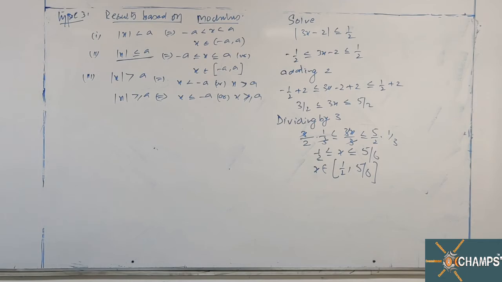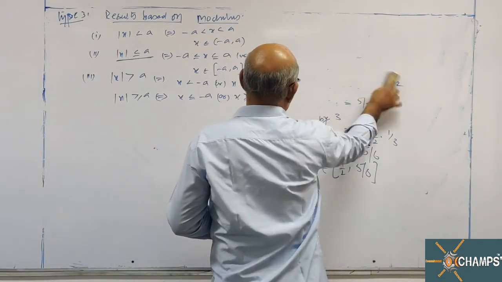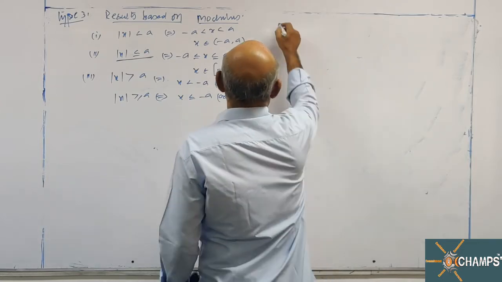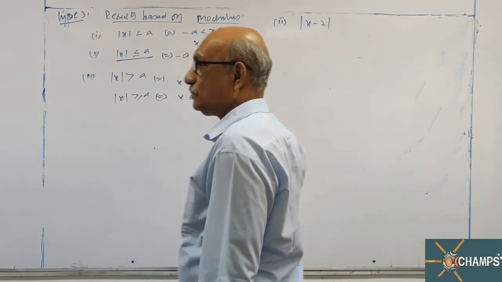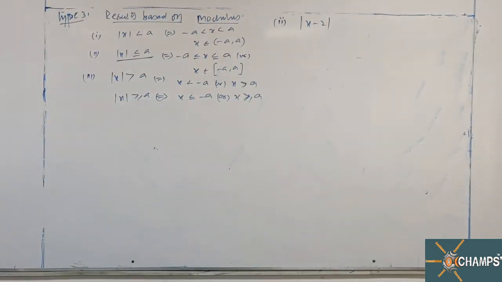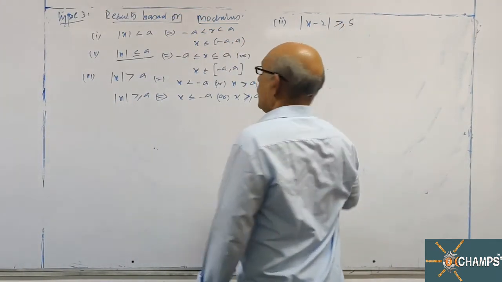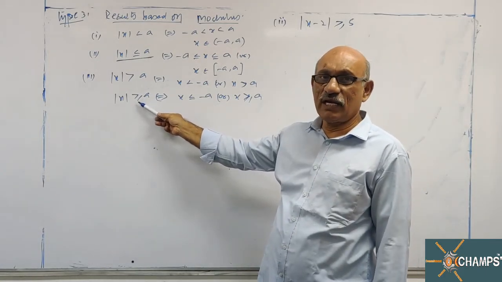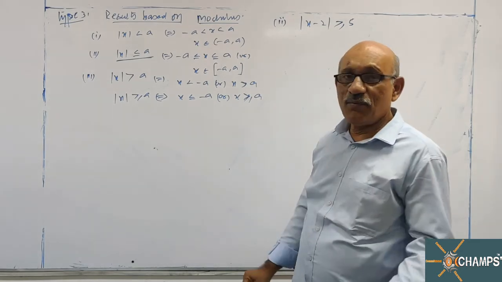Let's see the next question. Modulus of x minus 2 is greater than or equal to 5. Now this is of the type modulus of x is greater than or equal to a, so I have to eliminate the modulus sign.